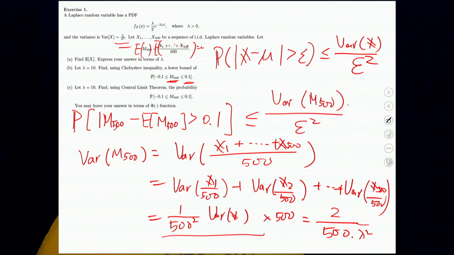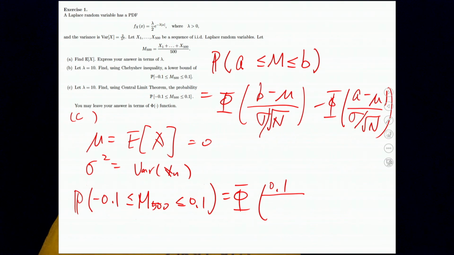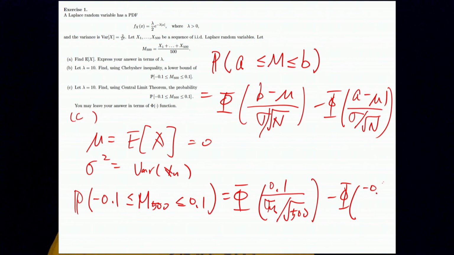If lambda equals 10, it should be 2 divided by 500 times 100. So that's the sigma of M. Then put it here, and subtract the term with a equals minus 0.1 divided by sigma, divided by square root of 500. That is the answer.